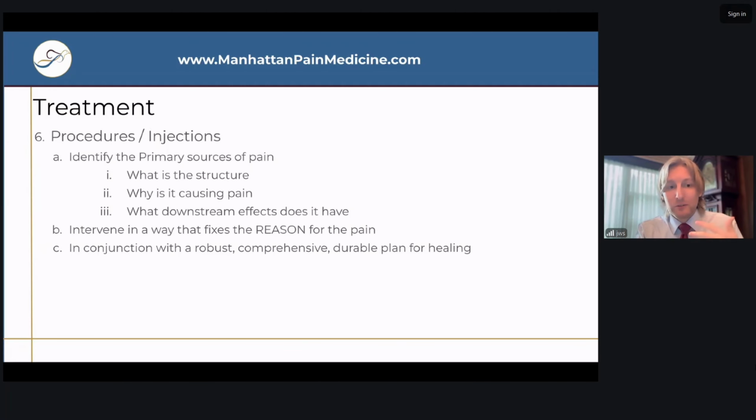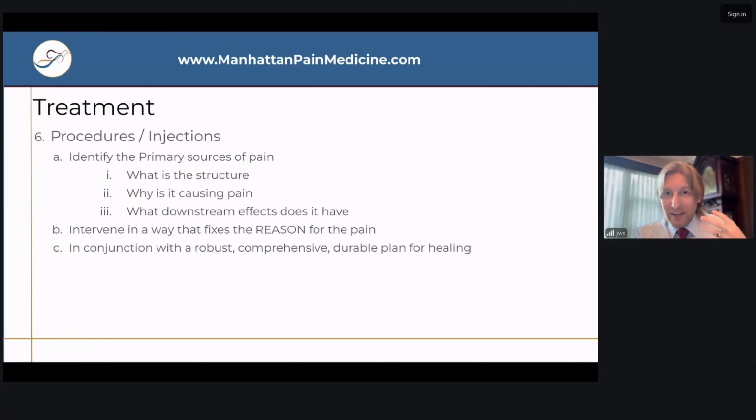Otherwise, it's not going to fully rehabilitate. Procedures are helpful for identifying the structures, understanding the biomechanical cascade, and knowing if we're actually correct about the diagnosis, or sometimes other things pop up during the treatment process that we weren't aware of that were actually driving it.